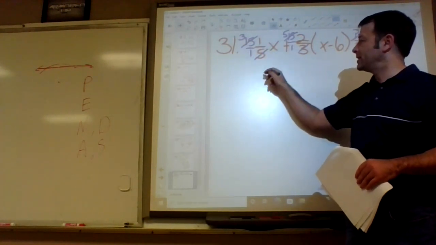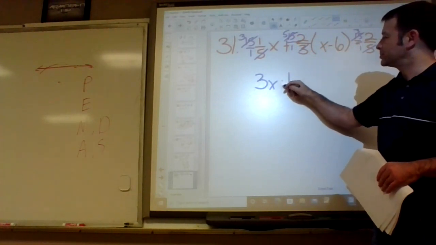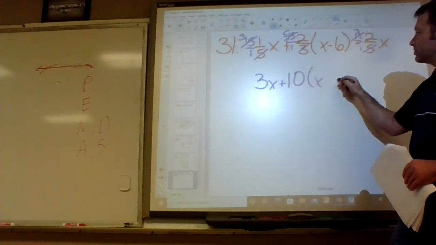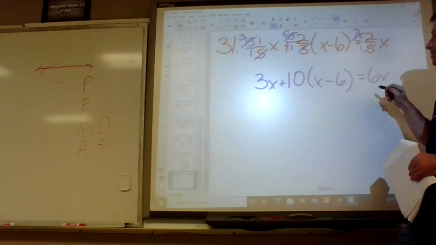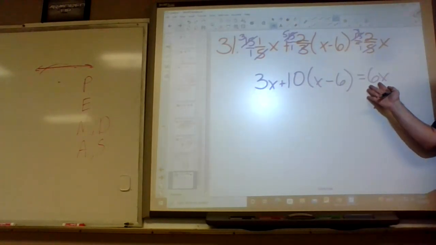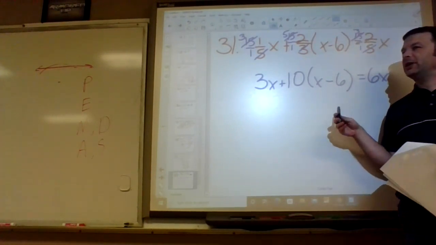So 3 times 1x is 3x. 5 times 2 is 10. And 3 times 2x is 6x. So this is basically the same problem as before, but without any fractions. That way you don't have to use a calculator.